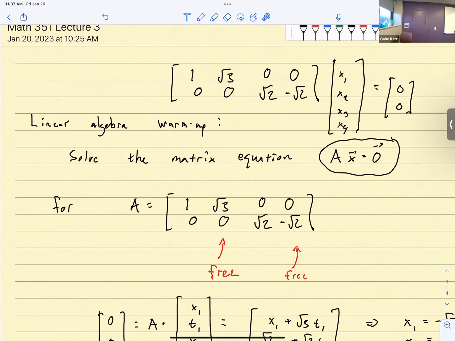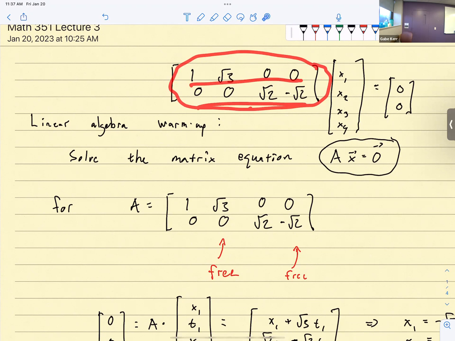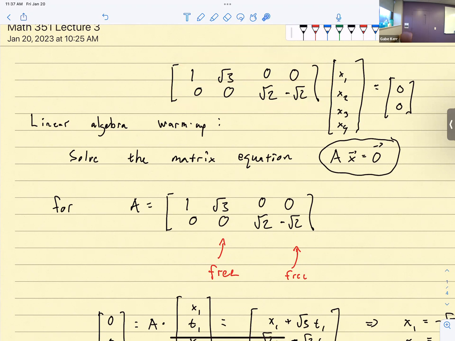If you know the rank, which is easy to compute, you can see the rank is 2 here, because this row is clearly linearly dependent on that one. So the nullity equals 2. Apply that up here, and we get a plane in R4.